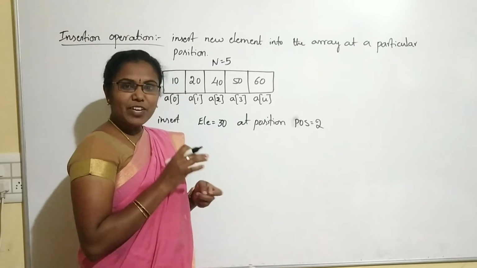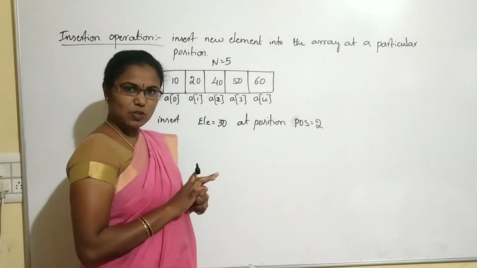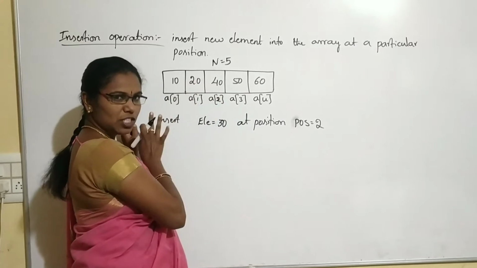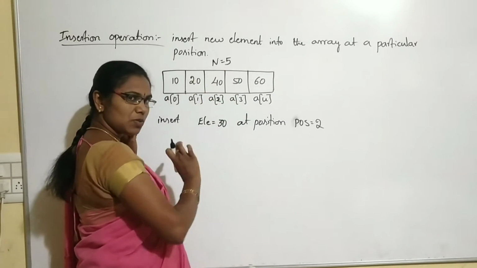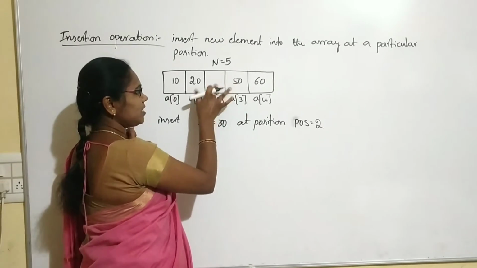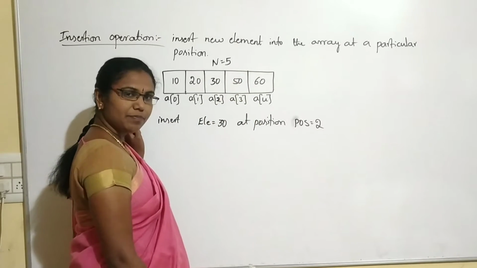To insert the element 30 at position 2, the element is not inserted directly. Suppose we directly insert this element at this position, what happens? The element 40 is replaced by the element 30 and 40 is missing from the array.